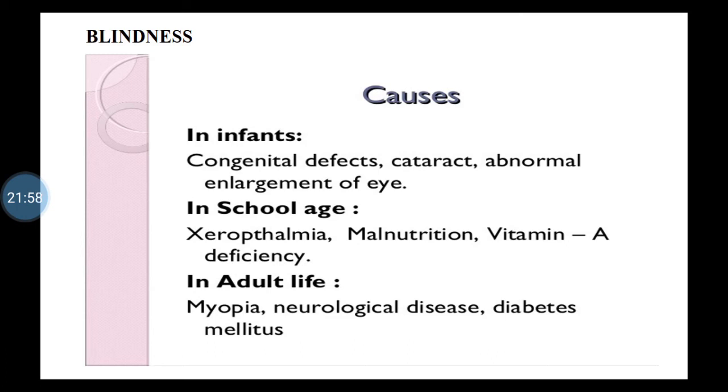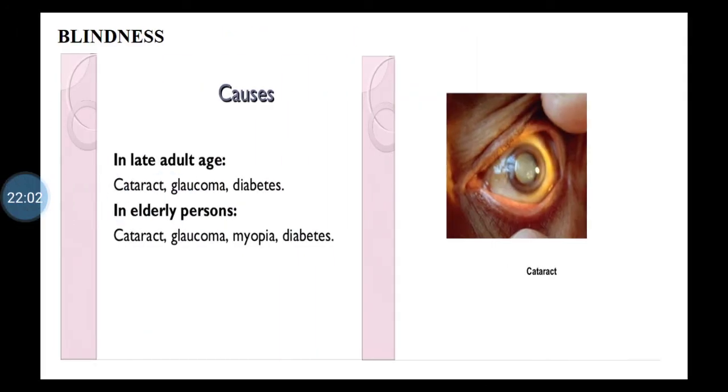Now, other causes associated with blindness are some communicable diseases like smallpox, measles, leprosy, trachoma, and sexually transmitted diseases.